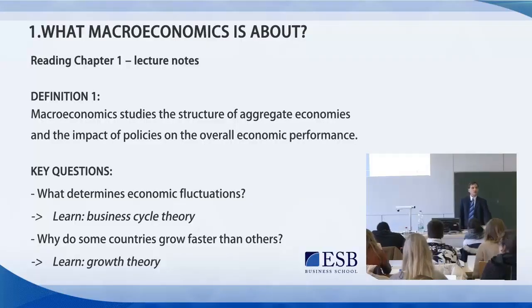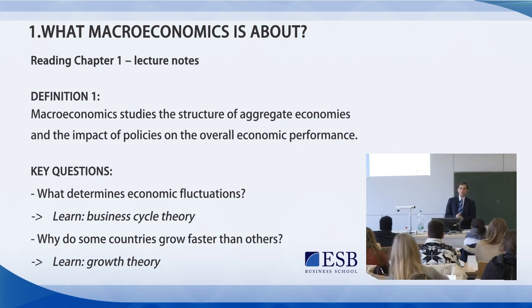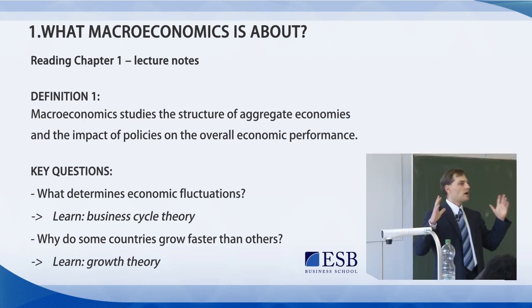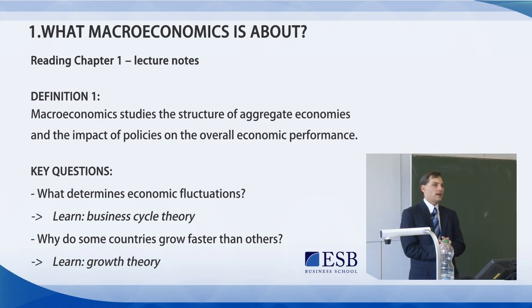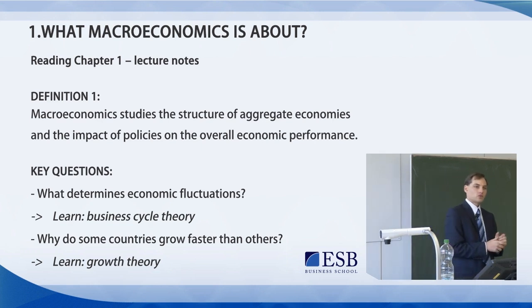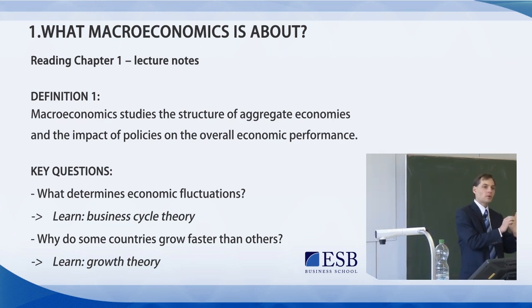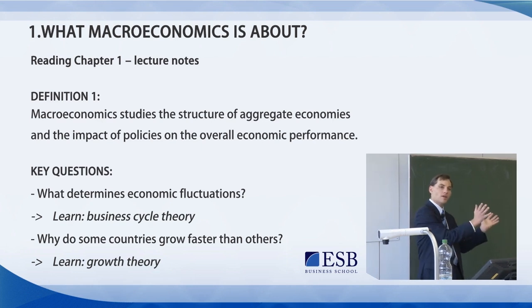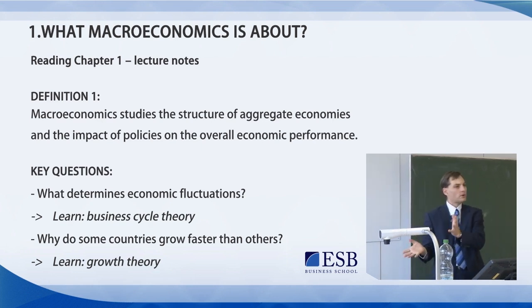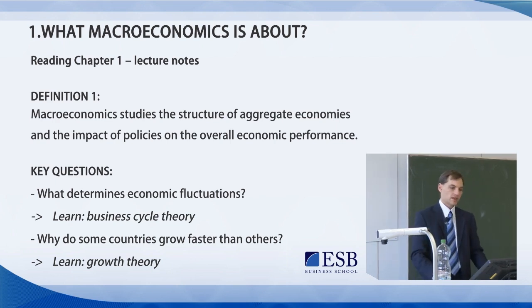So what is macroeconomics about in general? I already told you a little bit about macroeconomics. Macroeconomics is about the overall economy, and it differs from microeconomics in that in macroeconomics we look at all the households in the economy and all the corporations, and not just individual households or individual corporations.